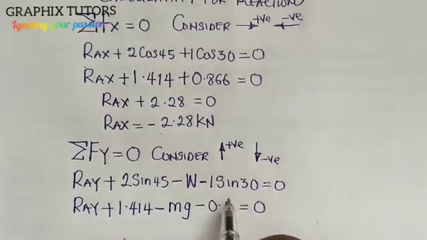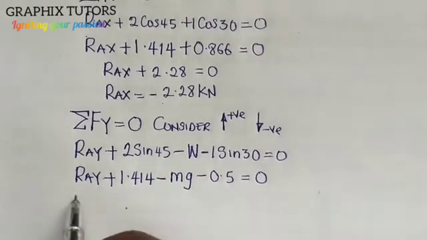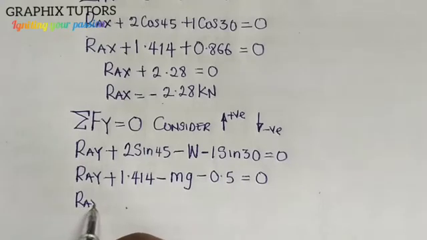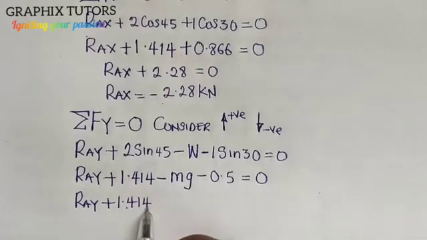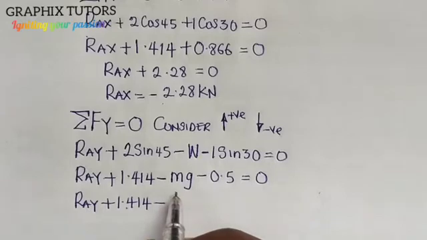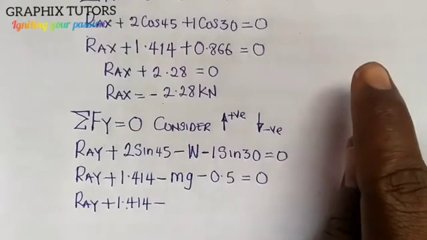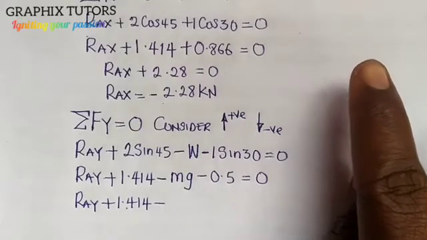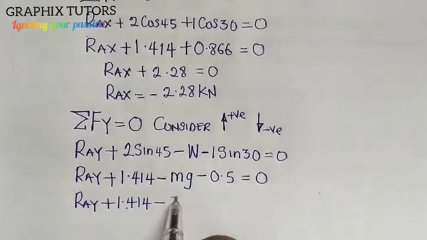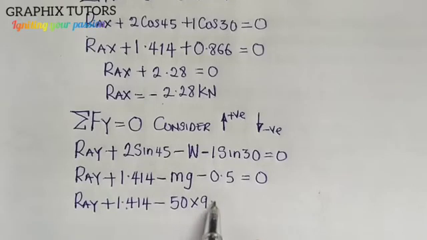Now we move forward to the next one here. We have RAY plus 1.414 minus the mass, which from our question is giving us 50 kilogram. Let me post the question again. Look at the top right corner of the screen. The mass is 50 kilogram. So we see the 50 multiplied by the gravity, 9.81, which is a constant, meter per second square.